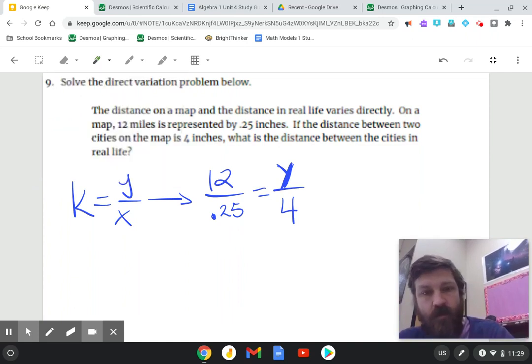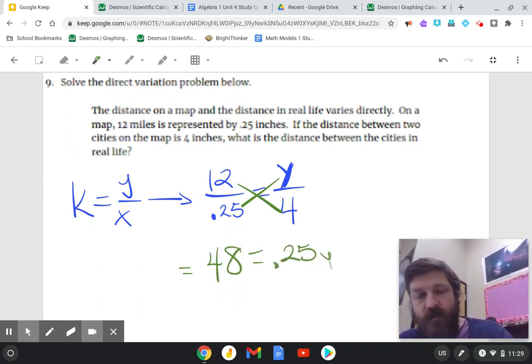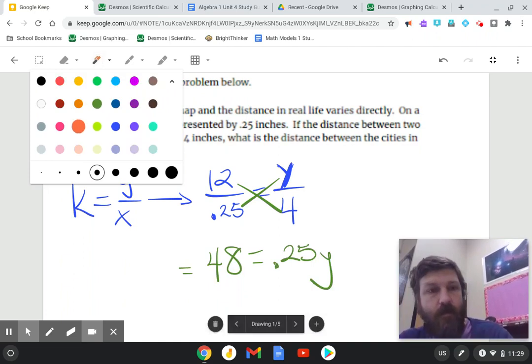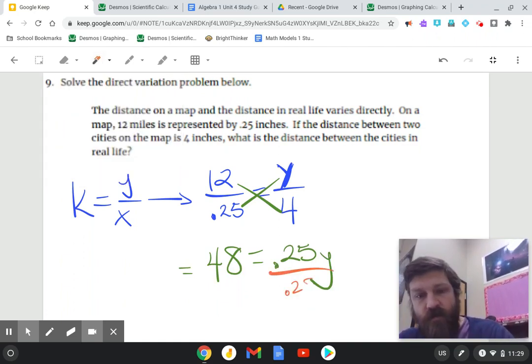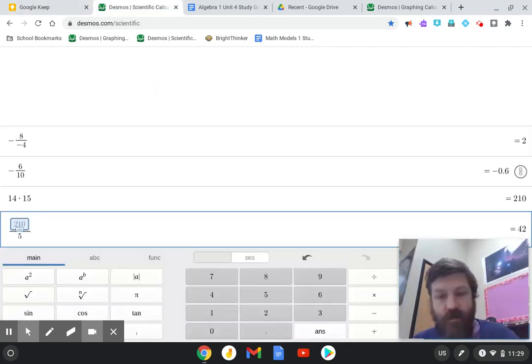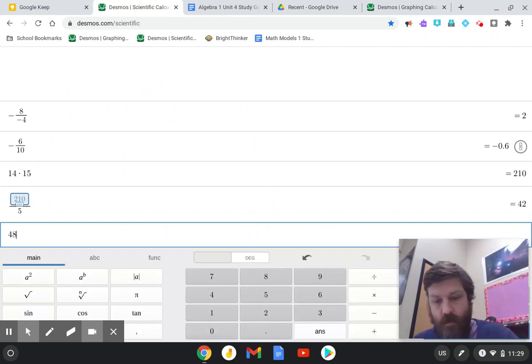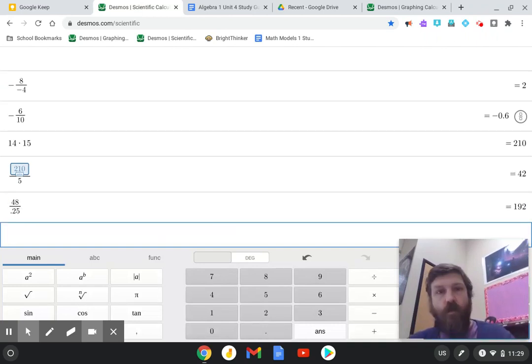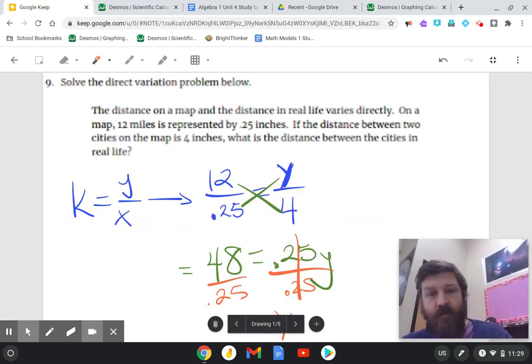So we're going to cross multiply these, and we're going to get 48 equals 0.25y. Once we're done with that, we're going to divide by 0.25, and we'll get y equals 48 divided by 0.25, 192 miles.